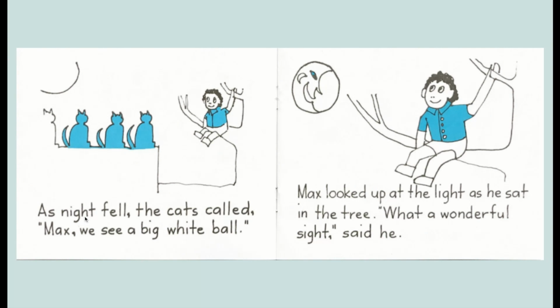Remember, IGH makes one sound of I. The G and H are quiet, and the vowel I says its name. Then we just add the T on the end. Night. The other word I see is the word light and the word sight. Were you able to pick out all three? Night, light, and sight?